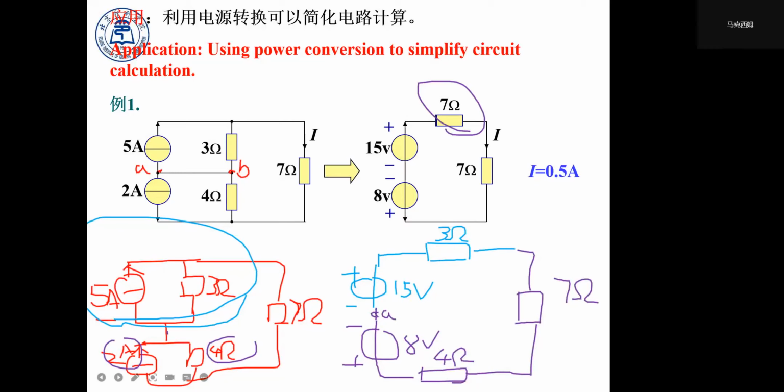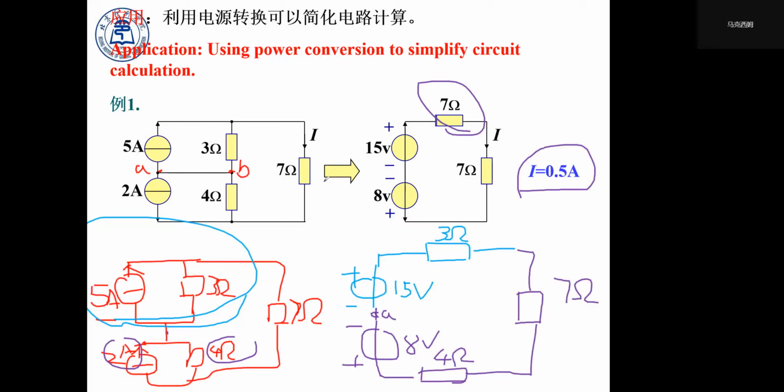So we can calculate that the current that runs through the 7 ohm resistor is half ampere. Do you copy? Will you follow this? In this example, we use the trick to transform the current source into a voltage source.